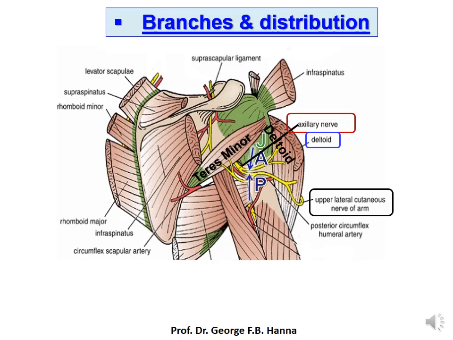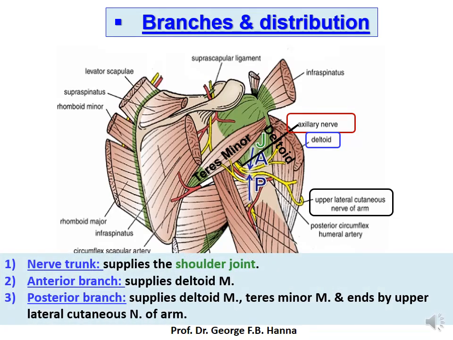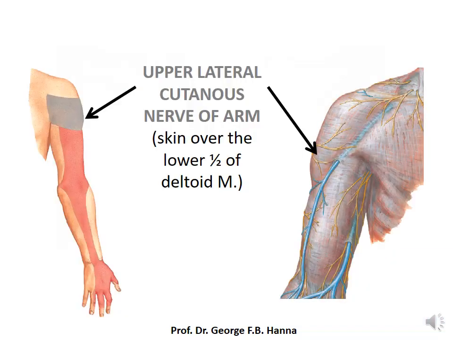Now, how can we study this? We can study it from here. What does the upper lateral cutaneous nerve of the arm supply? This is the upper lateral cutaneous nerve of the arm. It supplies the skin over the lower half of deltoid muscle.